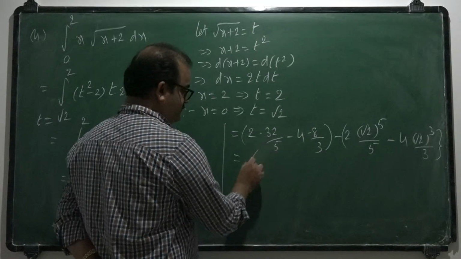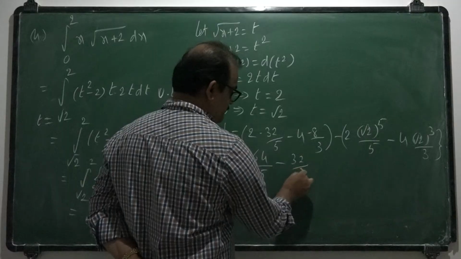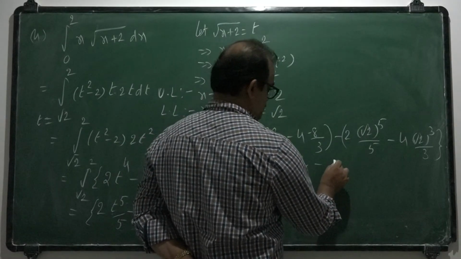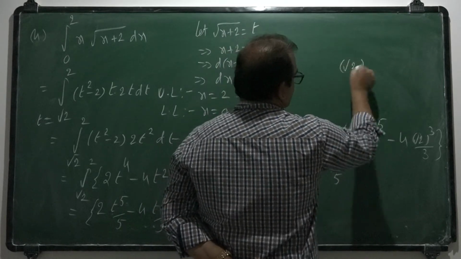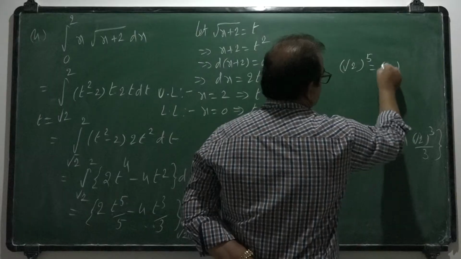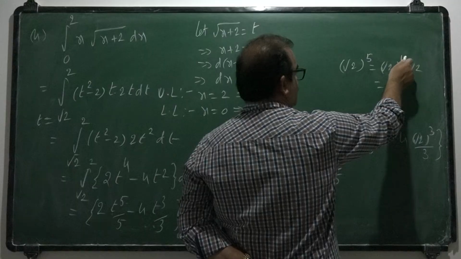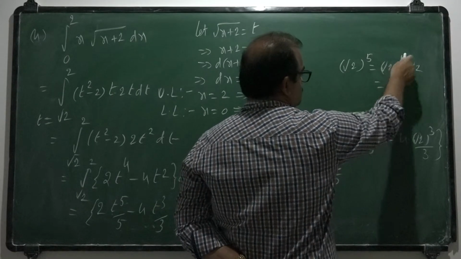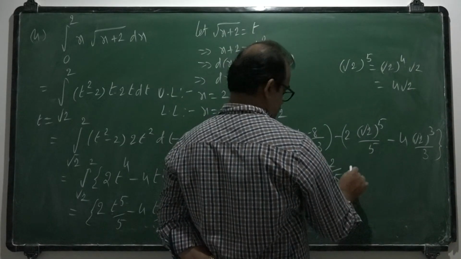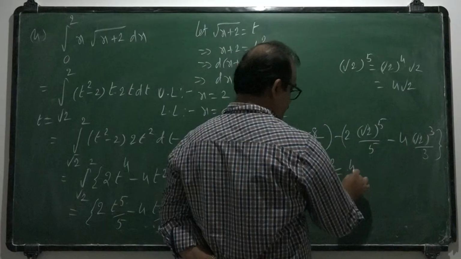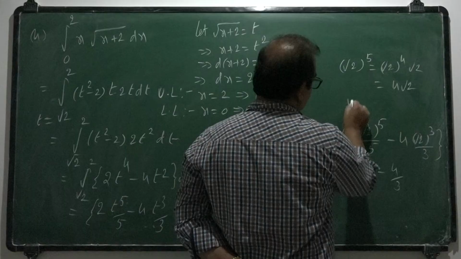2 into 32, 64 by 5, 4 into 8, 32 by 3 minus 2 by 5 into root 2 whole power 5, that is taken as root 2 whole power 4 into root 2. This is 2 to the power of 2. 2 square 4, 4 into root 2. 2 by 5 into 4 root 2 minus 4 by 3 into root 2 whole cube.